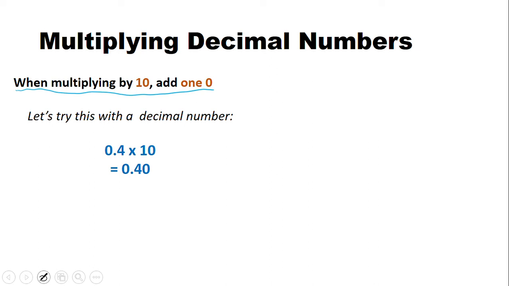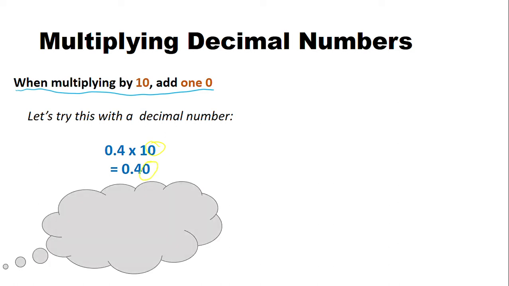Here is our 0 in the 10, and we've added that on to 0.4. But what do I know about 0.4? Isn't 0.4 equal to 0.040? That doesn't make any sense.